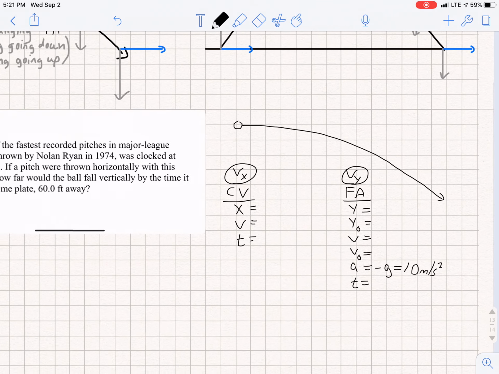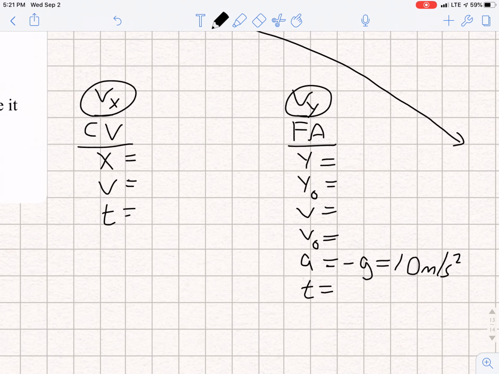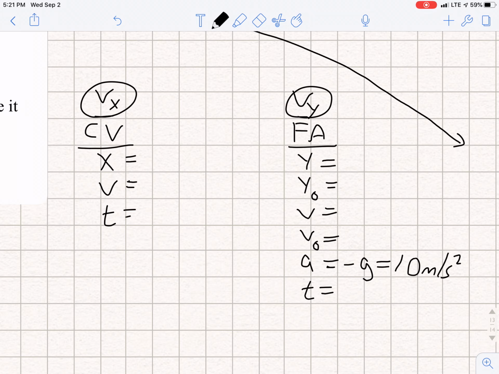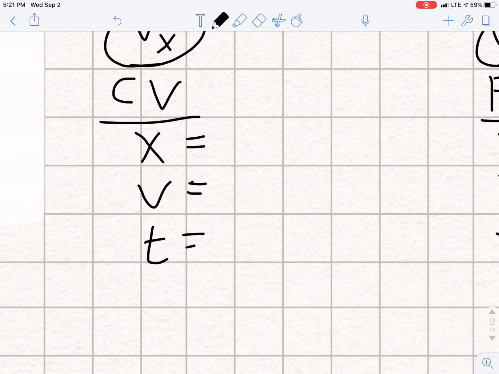Now, what we do is we go back and we're going to add something to these variables to make them stand out and so that we can differentiate them in the x and y direction. Well, x and y are pretty easy. V, we're going to be writing as v naught x. In other words, this is initial velocity in the x direction.